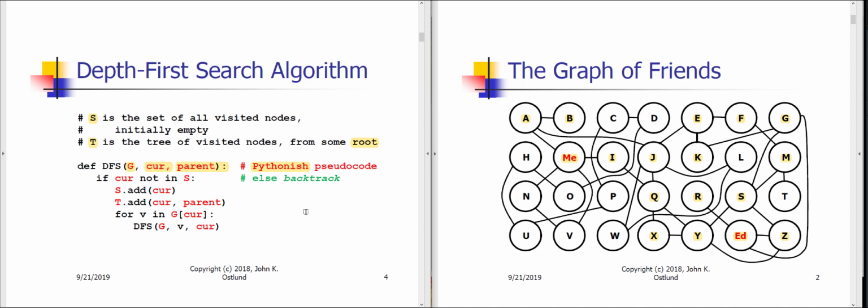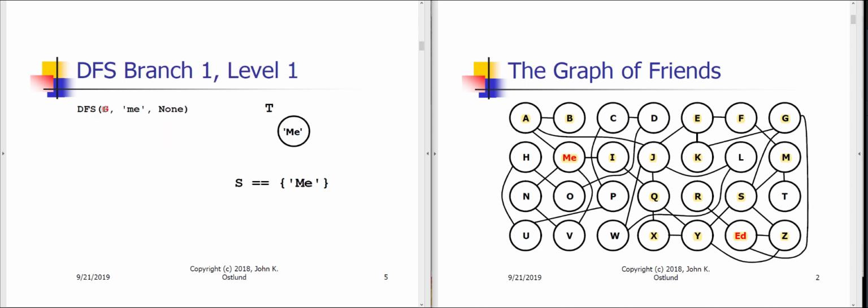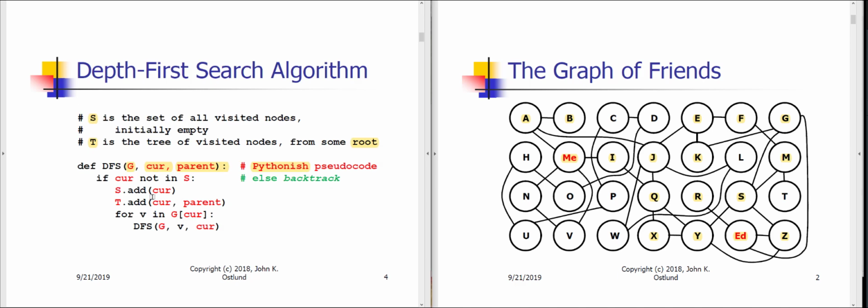Now, let me skip ahead a slide. And we'll see that to kick this off, we specify our dictionary. We specify me as the current node. And me has no parent, so None is going to be the value of our parent when we're constructing this depth-first search tree starting from me.